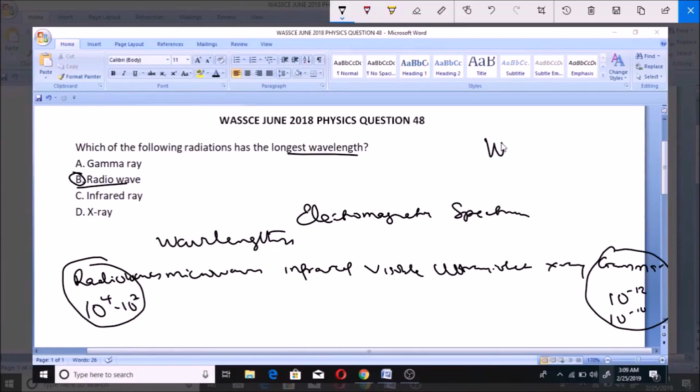After radio waves, you have microwaves, infrared, visible light, ultraviolet, X-rays, then gamma ray. So radio wave is the radiation with the longest wavelength. Thank you.